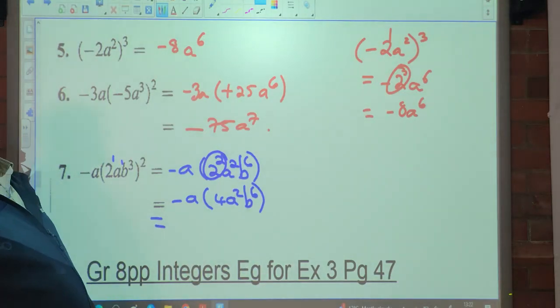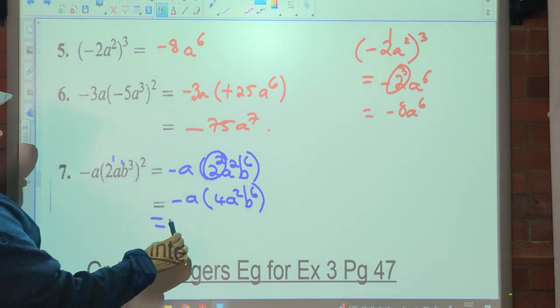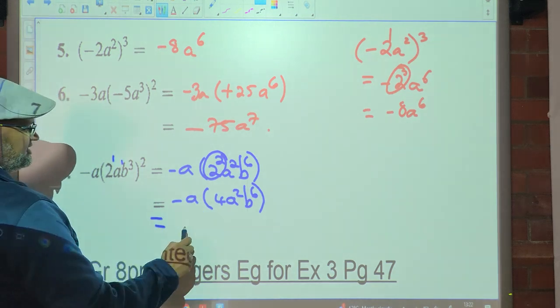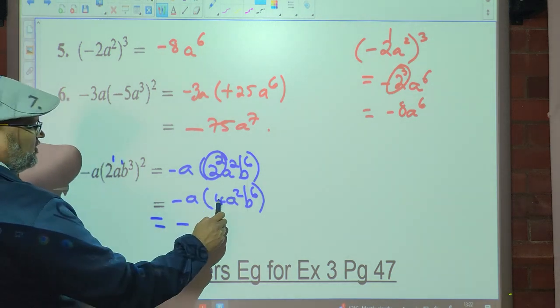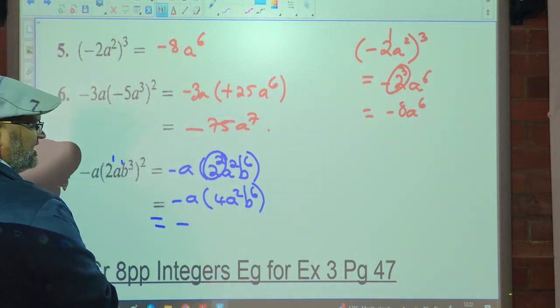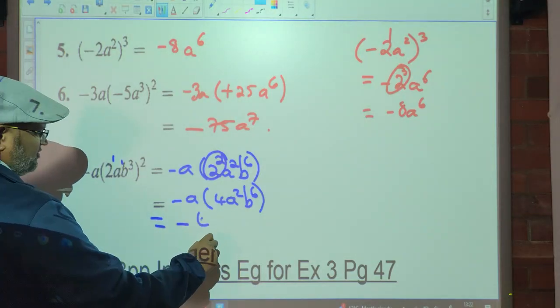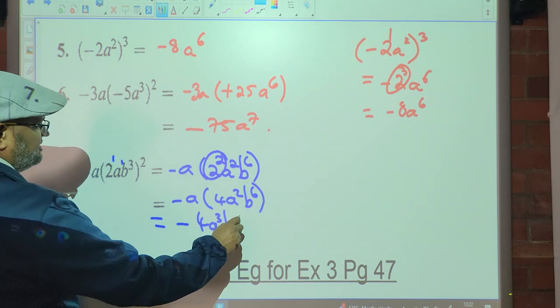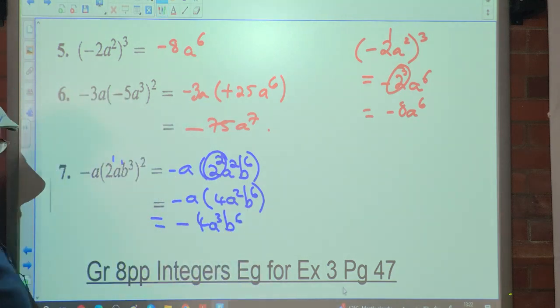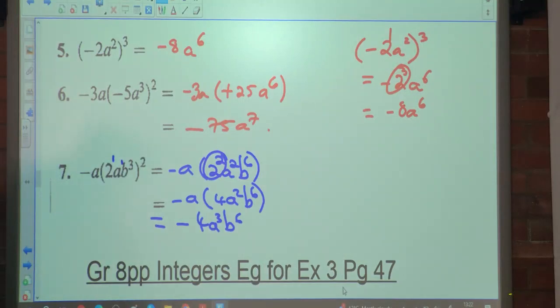You understand now? What's positive times negative? Negative. 4a squared b6 times a. 4a cubed b6. Any confusion there? You understand? Okay.